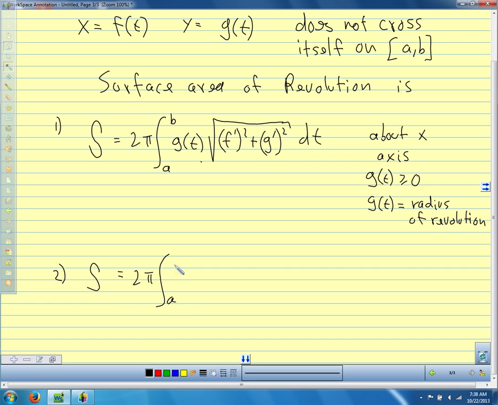2 pi integral from a to b, and this would be f of t times our same arc length radical. And this is about our y-axis.